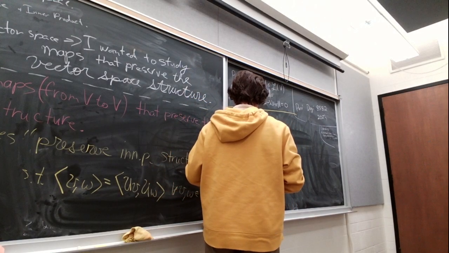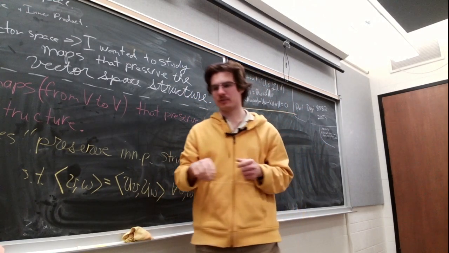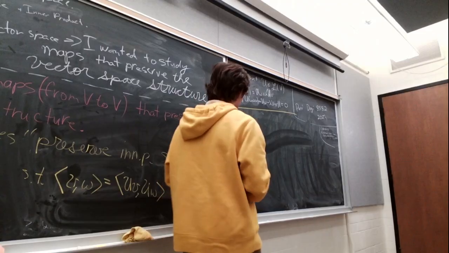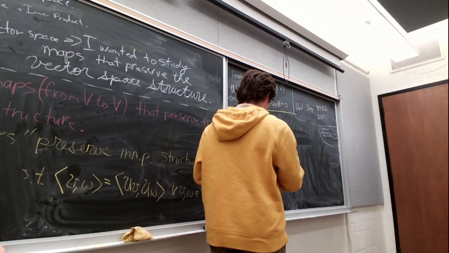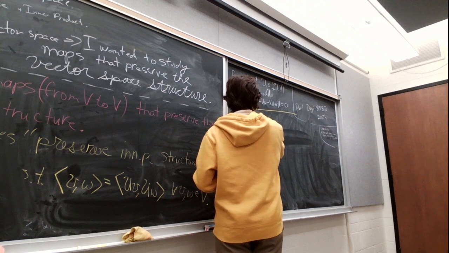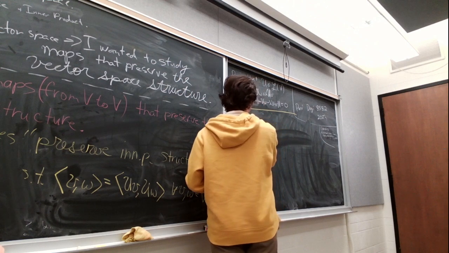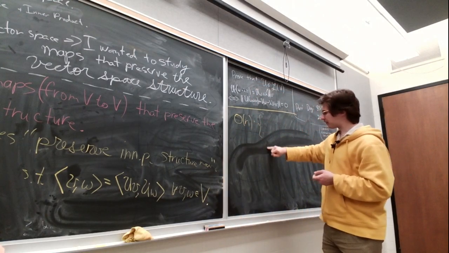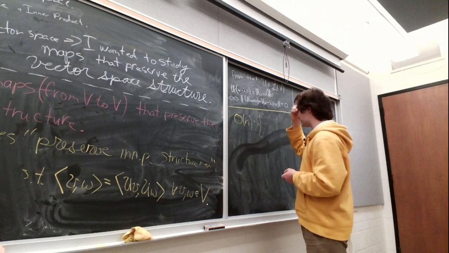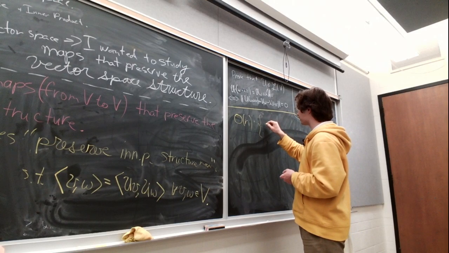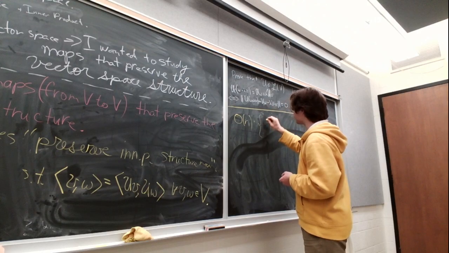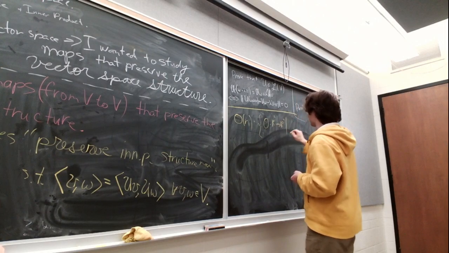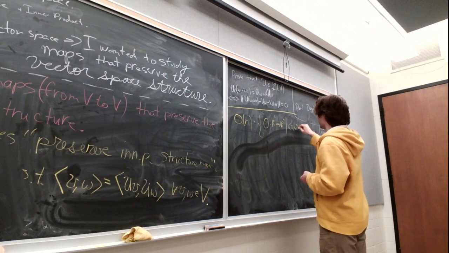There are particular things where we give things particular names. So we define O_n, this is not theta, this is O_n, to be the set of maps, let's call them U, from R^n to R^n, such that they have the property.